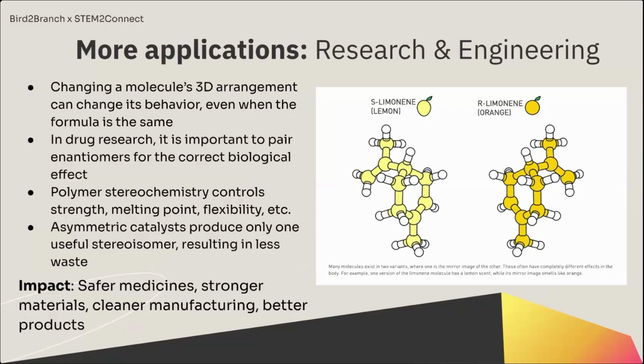So if you focus on only producing that one, without producing its reverse, which is useless, it results in less waste. Here's an example of something that you might see in food. If you reverse S-limonene, you get R-limonene, and those are totally different, because one of them smells like a lemon and the other one smells like an orange, even though they have the same exact connections.